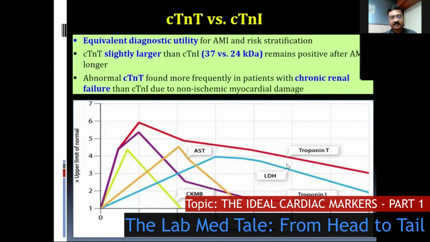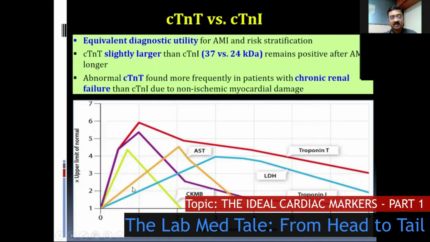Now, if you look at this graph, this purple one is cardiac troponin I, and this red one is cardiac troponin T. They have the capacity to rise very early, within 4 hours, and remain in blood about 4 to 12 hours, then decline and remain high above range for quite a long time period, so this helps in early diagnosis, definite diagnosis, as well as late diagnosis.